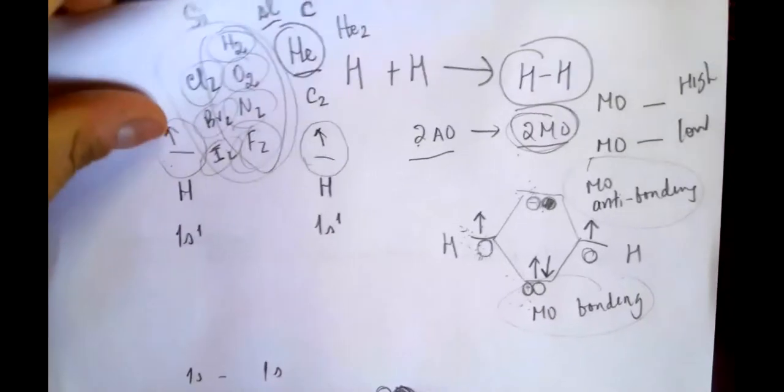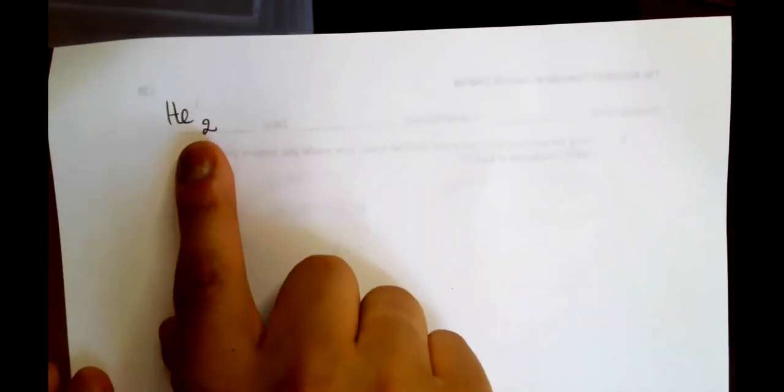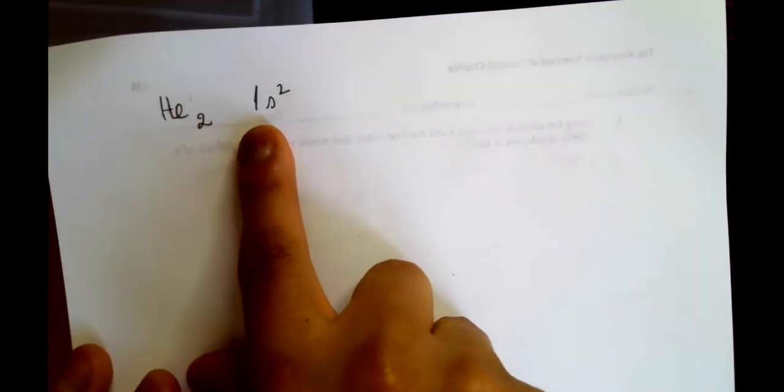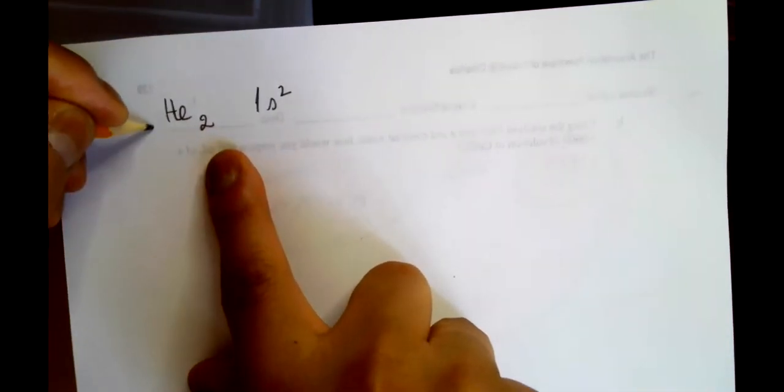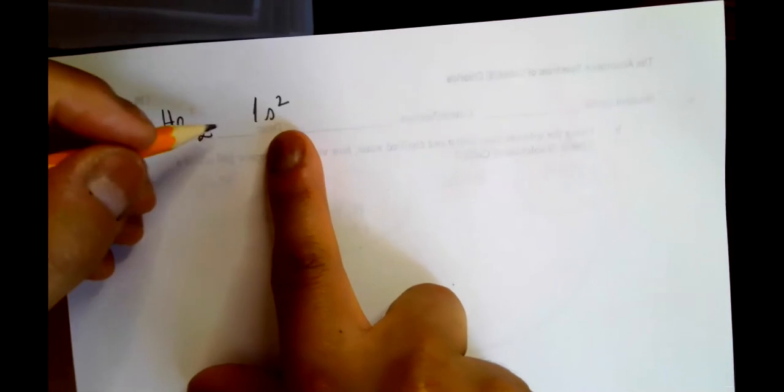Let me do an example here. Let's say that they tell me to write the MO of helium-2. Helium is atomic number 2, so the electron configuration is 1s2.